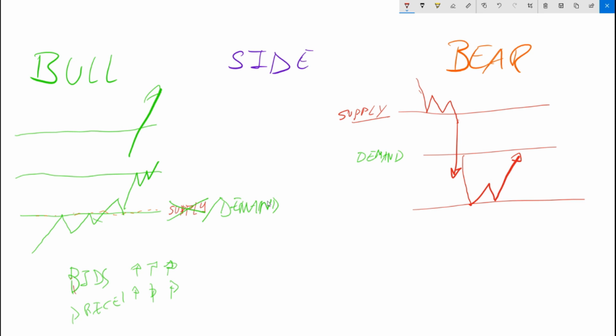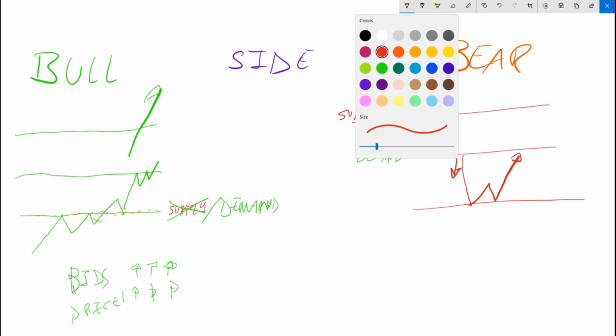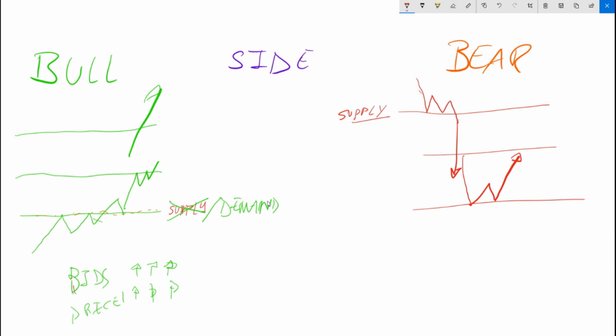At that moment, this line, in the first move, was a support. When it got violated, it becomes a resistance, which is a zone of supply.